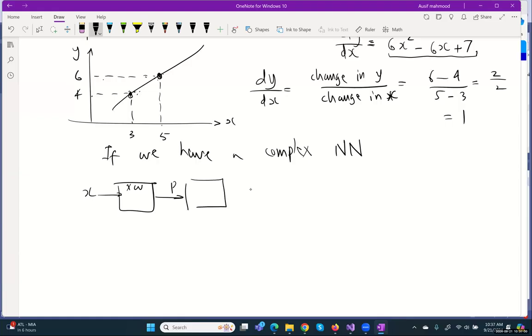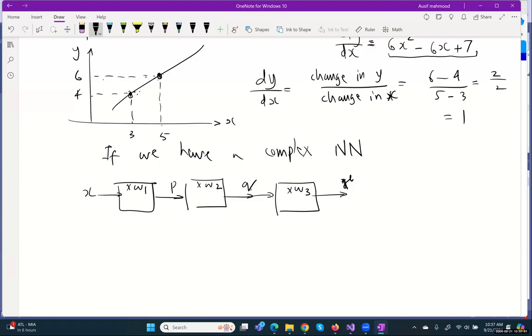Then it goes through, let's say, another set of neurons, multiplies by another set of weights, and produces the output Q. Then let me pretend it goes through another set of neurons, multiplies with different weights, and suppose it produces the output R. So let's pretend our goal was, let me call these W1, W2, W3.